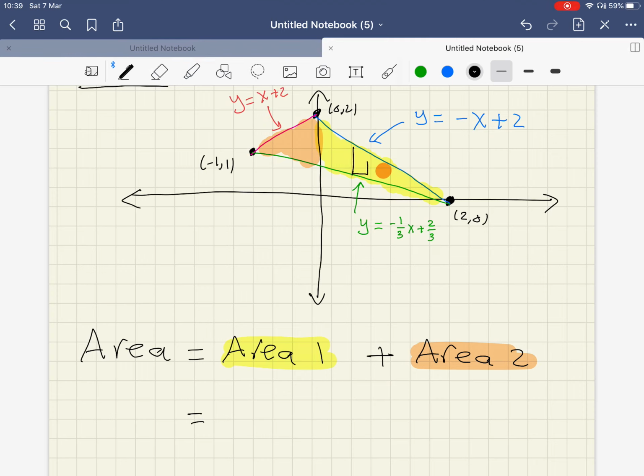I will put it here as vertical because everything is in terms of x. And I need to find the area of this rectangle, dx. It should be the top function minus the bottom function. The top function is the blue one minus the bottom function, the green one.